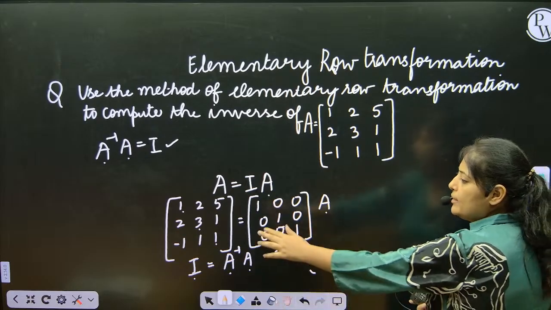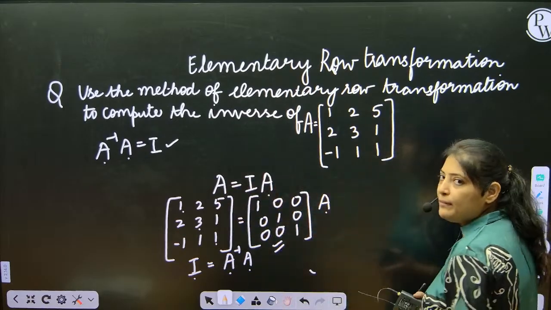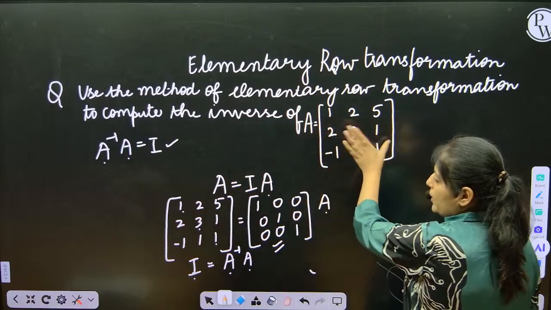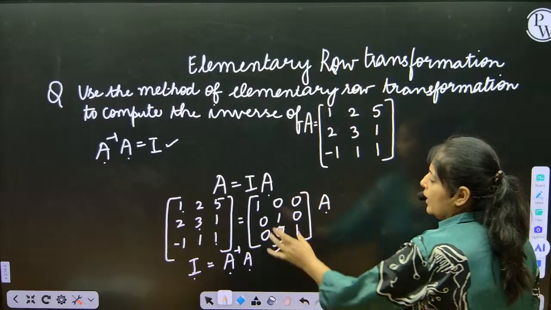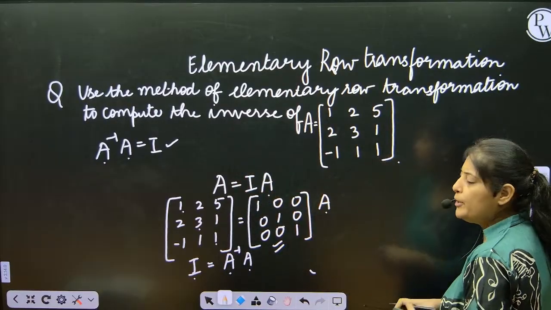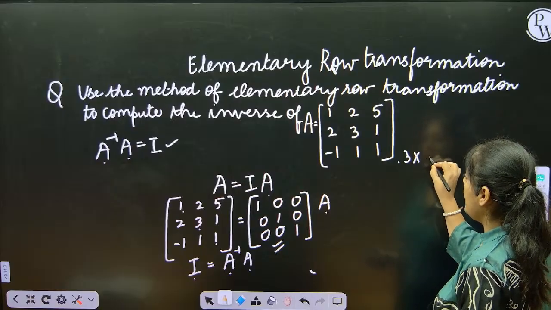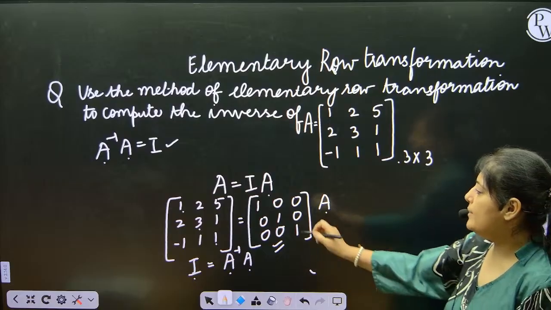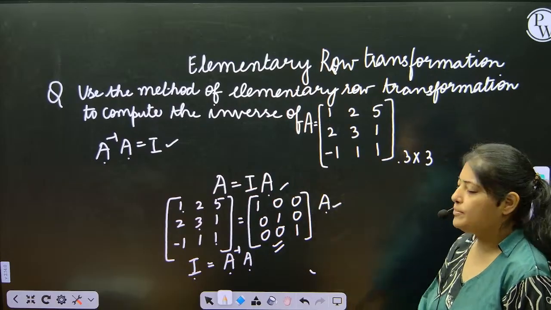How will we start? A equals IA, we will start like this. A, write it as it is, whatever the question is given to you. I, you write here, whichever order is given to you, that particular identity matrix you will write. And this A, don't change.